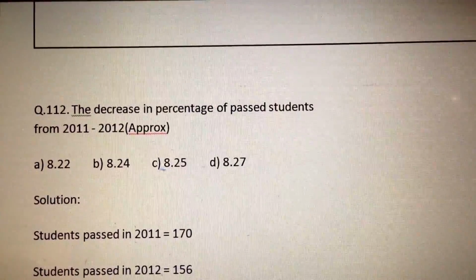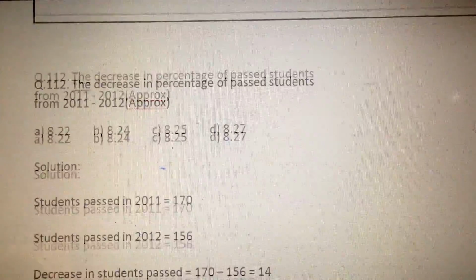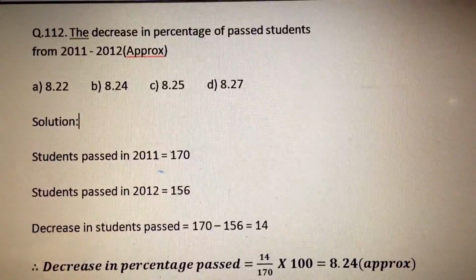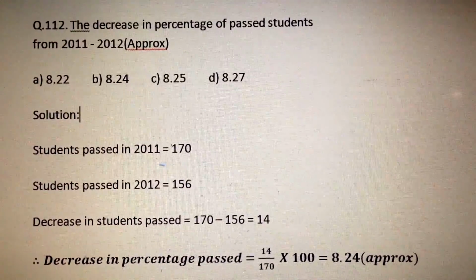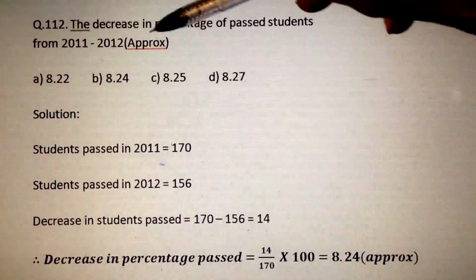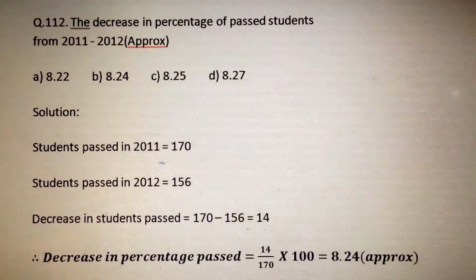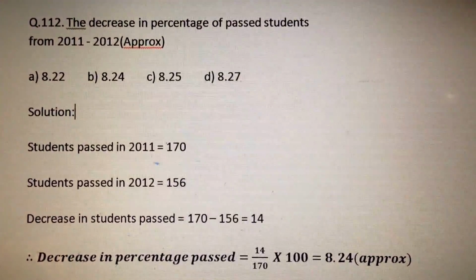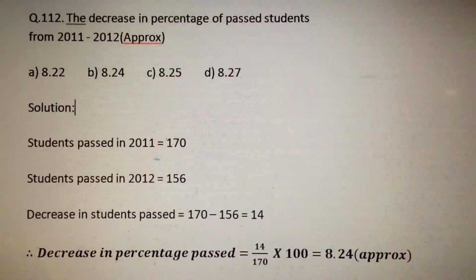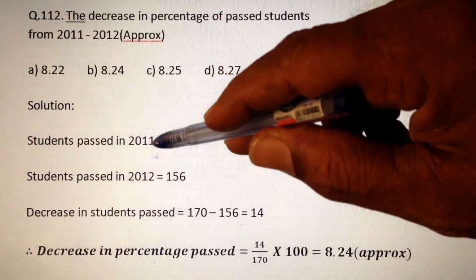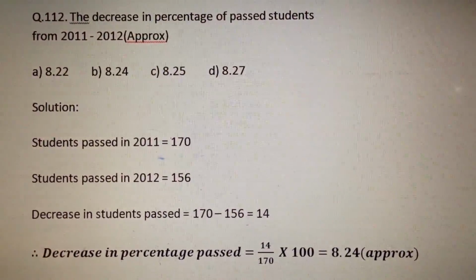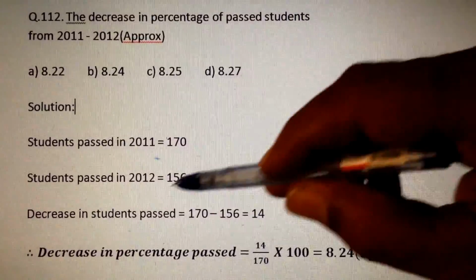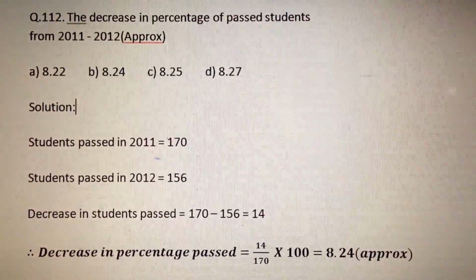The first question, number 112. The decrease in percentage of passed students from 2011 to 2012 approximately. If you see the polygon, students passed in 2011 is equal to 170 and students passed in 2012 is equal to 156.